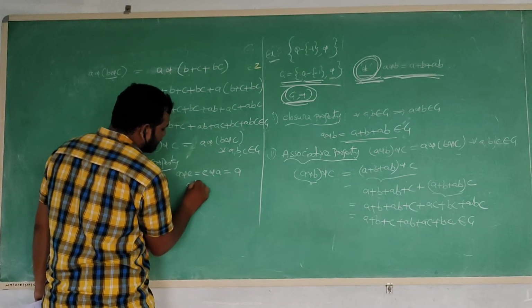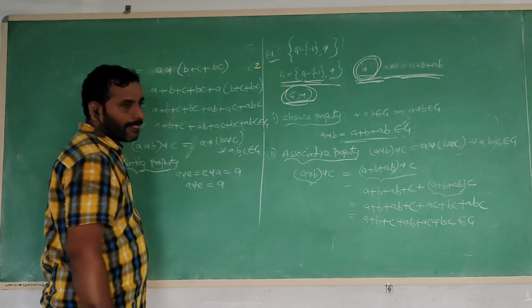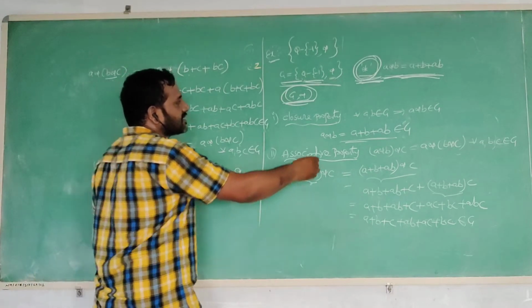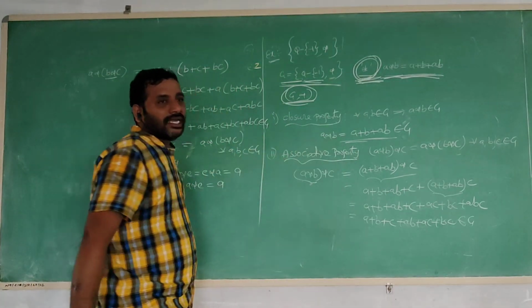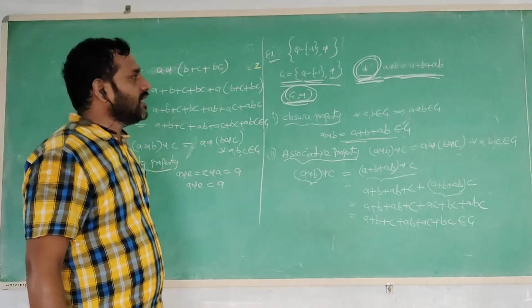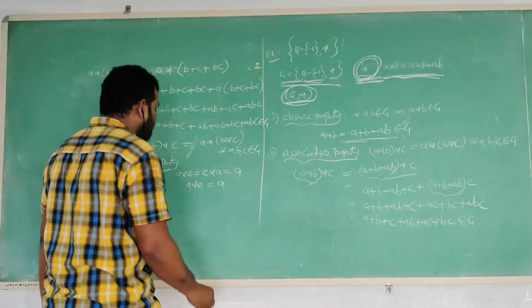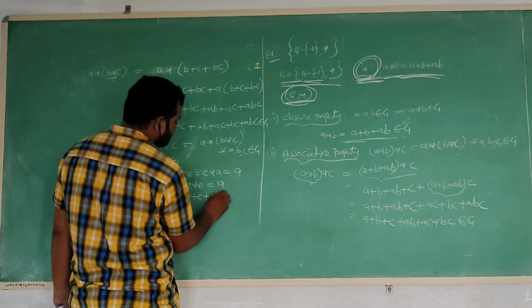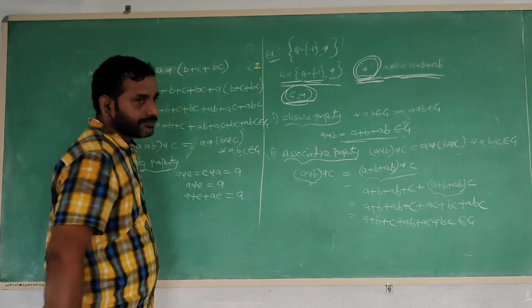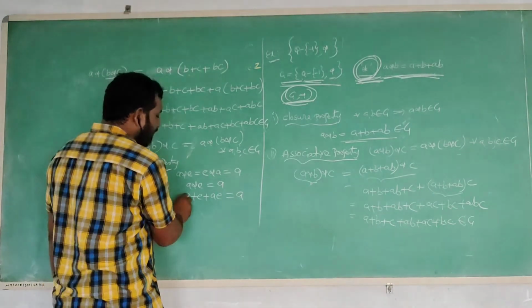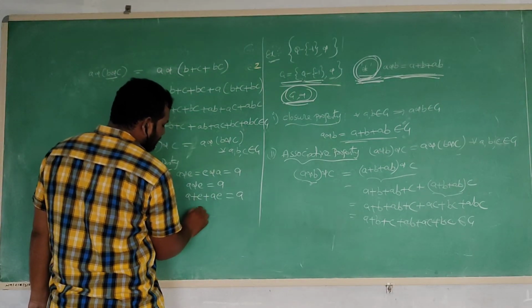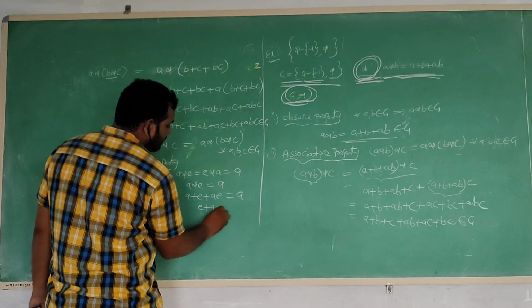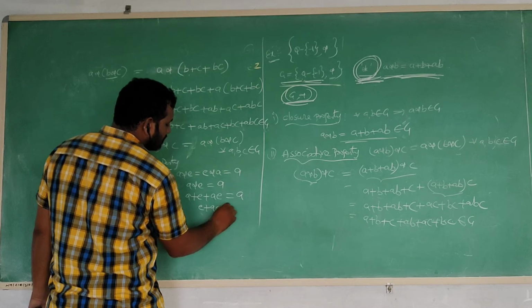Now I am taking A star E equals A. The operation star is defined by A star B equals A plus B plus AB. Then I am writing A plus E plus AE equals A. Then A cancels, the remaining is E, taken as common: E plus AE equals 0.